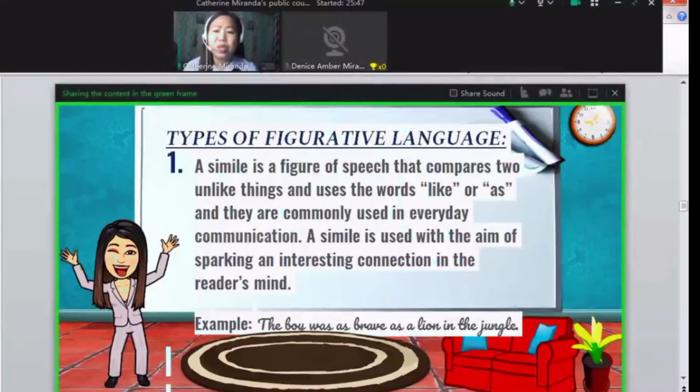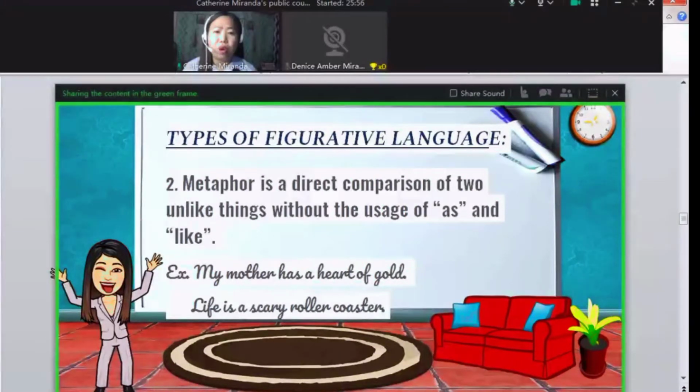Okay, so the next type of figurative language is what we call the metaphor. It is a direct comparison of two unlike objects or things without the usage of as and like. So if in the simile we make use of the words like and as, in the metaphor we are not going to use these words. We have an example here below.